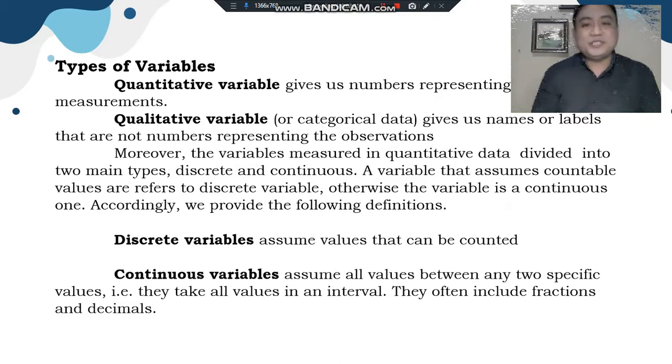For continuous variables, for example, what are the weights of those electric fans? As per the definition, they often include fractions and decimals. So there is a tendency that their weights, instead of whole numbers, can be fractions and decimals. That is an example of a continuous variable.